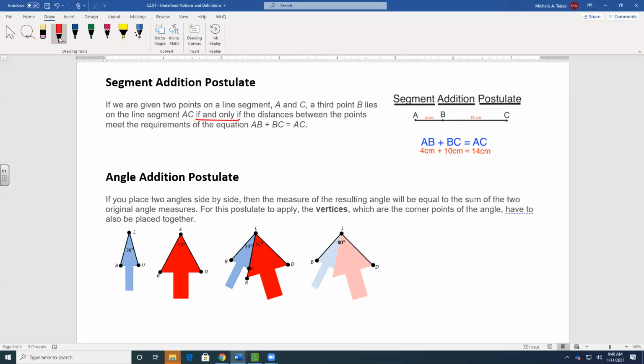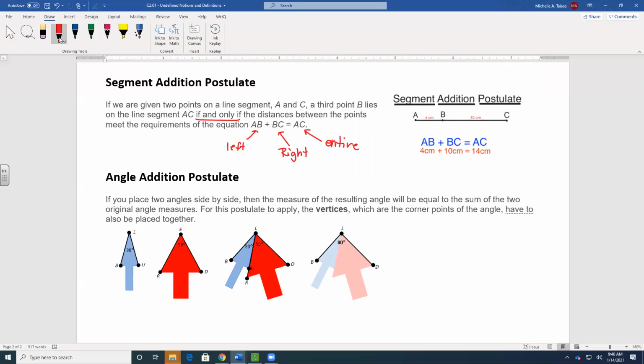Looking at my picture here, AB is the left side of the line segment, BC is the right side, and AC is the entire line segment. So B does not have to be the midpoint. It will partition it somewhere, but I don't really need to know where. It just says that I can add up the pieces and it gives me the whole. You okay with that? It makes sense, right?